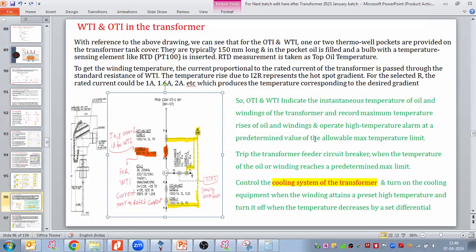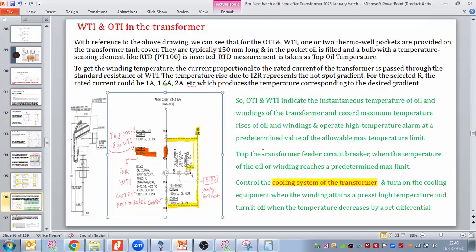So we have set the maximum temperature limit of the transformer. If my measured temperature is exceeding the allowable temperature limit of the transformer, then they can start the cooling system, or they can do the tripping as well.